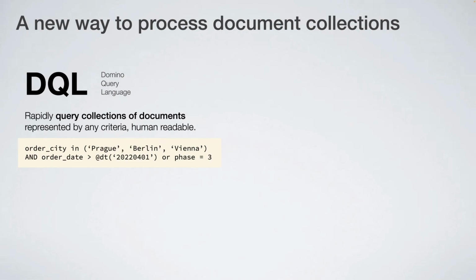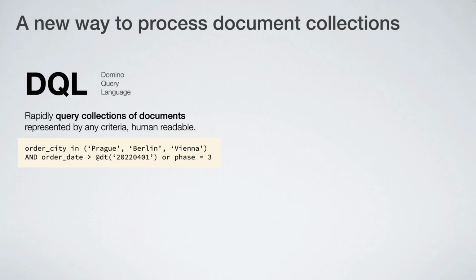And the first one was DQL, Domino Query Language, in version 10, which allows developers a completely new way of getting and handling document collections. And it is done through DQL queries.